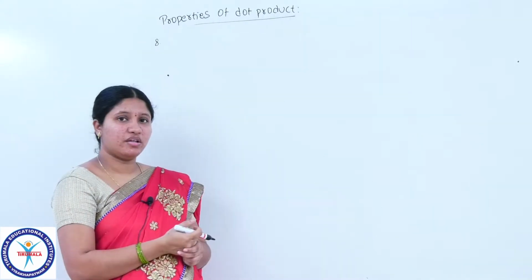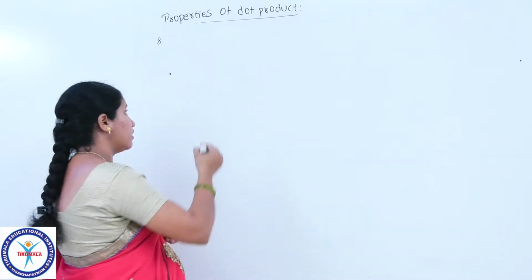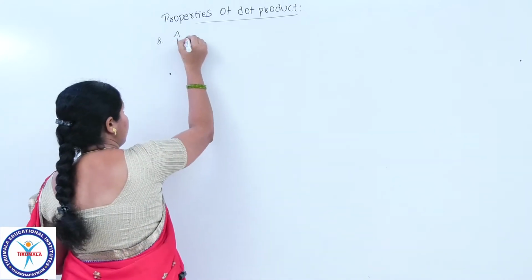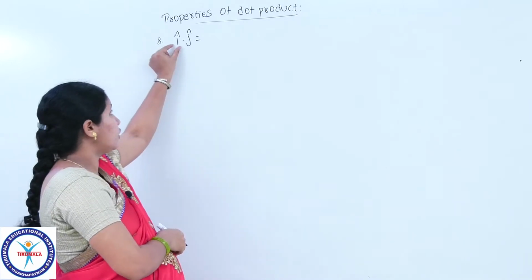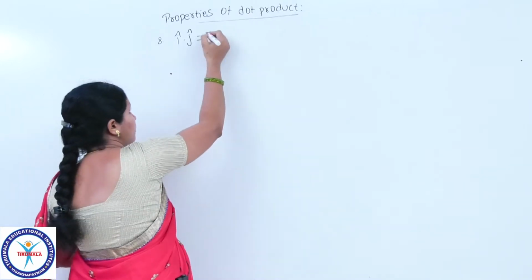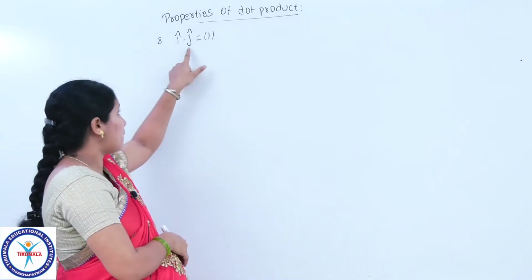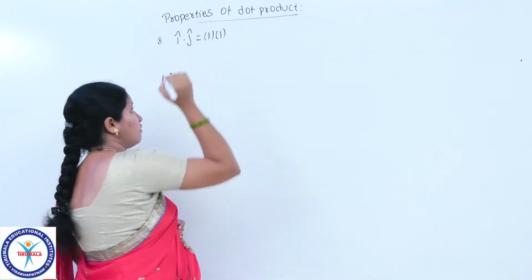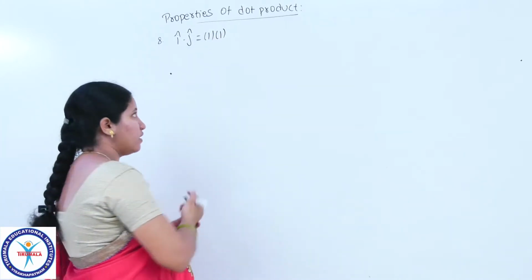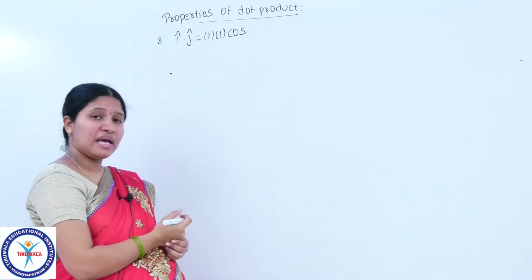Now let us see what the dot product will be if we consider i and j, that is i cap dot j cap. It is the product of the magnitude of unit vector i, which is 1, and the magnitude of unit vector j, which is also 1. So 1 into 1 into cos of the angle between i cap and j cap.